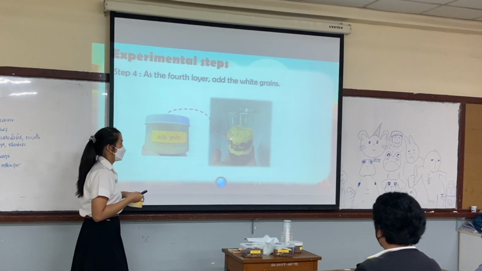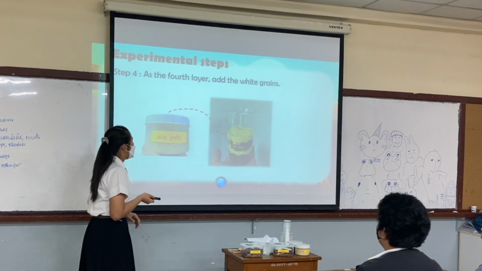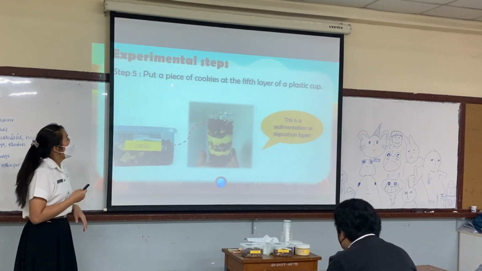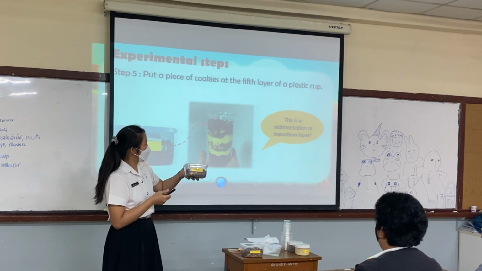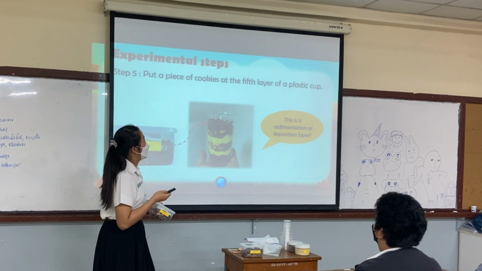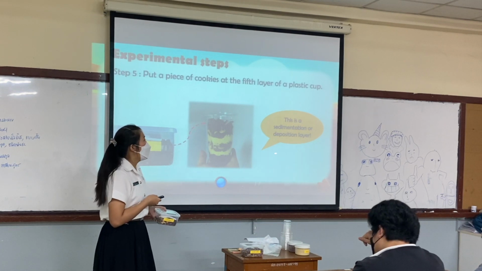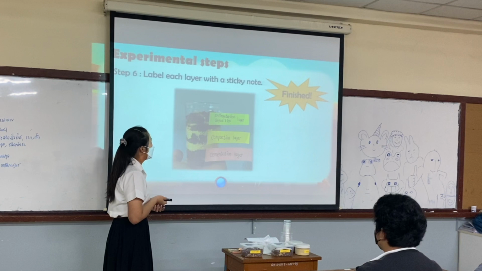And then for step number 5, you need to put a piece of cookies at the 5th layer of the plastic cup, this one. Okay, and this layer will show you the sedimentation or deposit layer. And finally, what are we going to do?